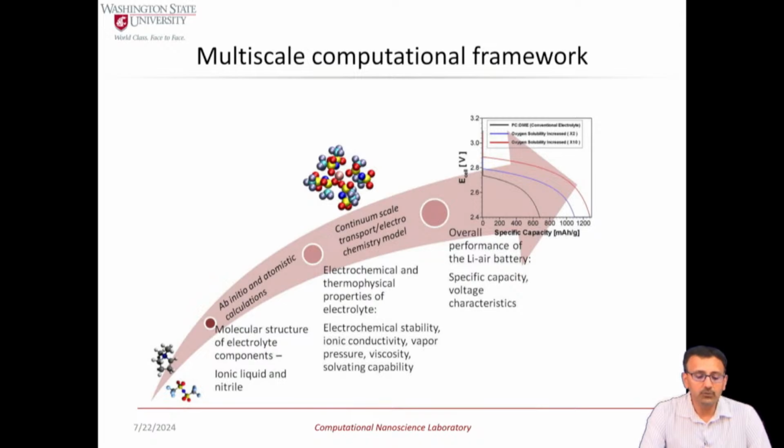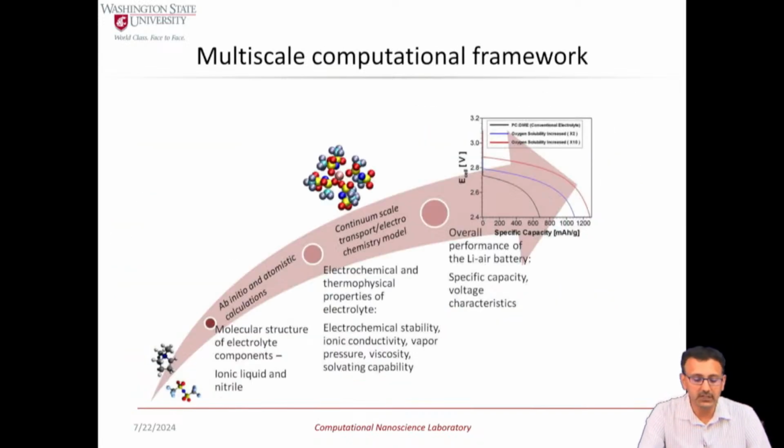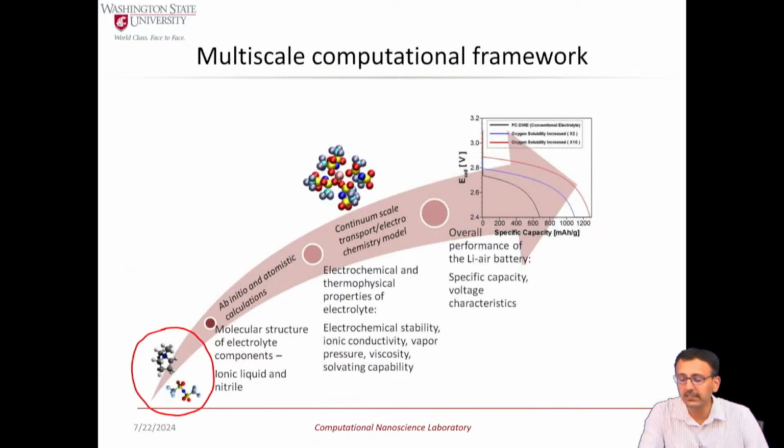So in our work with these ionic liquids in this project, we basically addressed most of these. We'll start with the lowest length scales. So we did some density functional theory calculations to look at individual cations, anions of the ionic liquids in presence of the interfaces with the cathodes and anodes that I talked about, to get into the electron transfer chemistry.